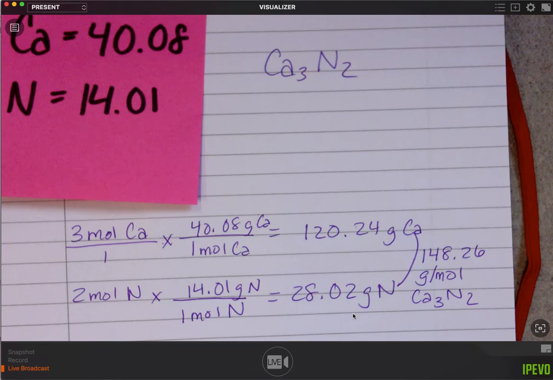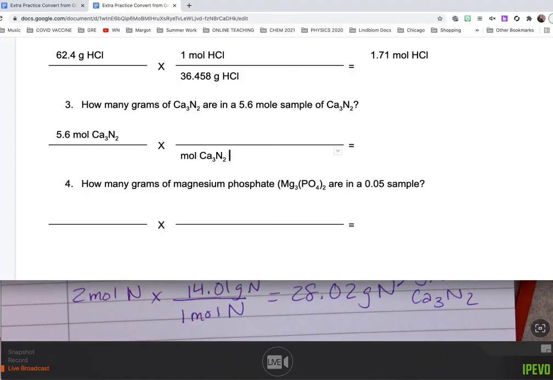So I'm just going to take this number back here. I know that 1 mole of calcium nitride is equal to 148.26 grams of calcium nitride.